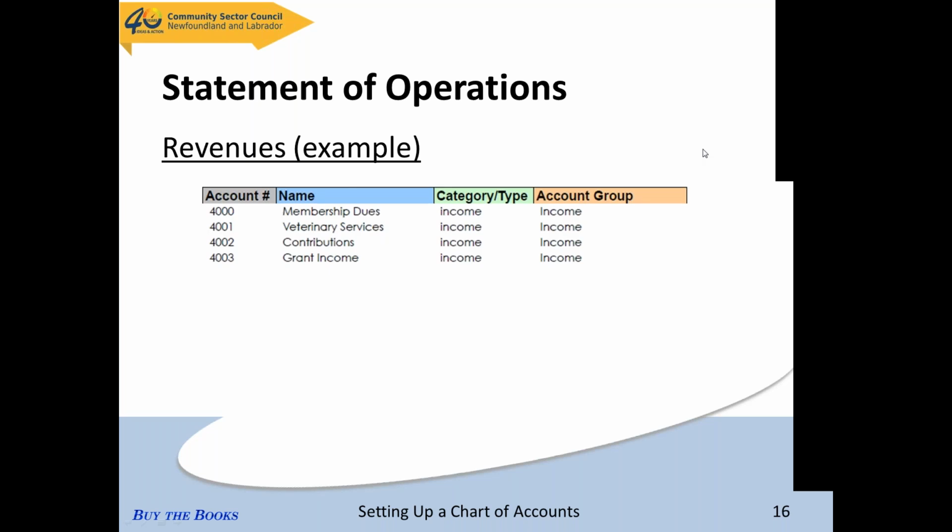So this, again, is just a quick example. This organization has membership dues, veterinary services, contributions or donations, and some grant income. So the accounts you have will be very specific to your organization. And you may, as I said, only have a couple different sources of funds, and you may have 15.